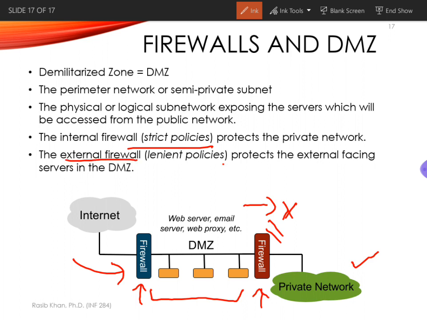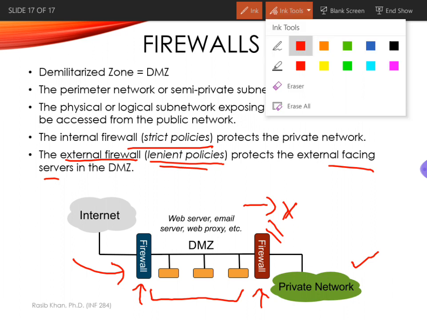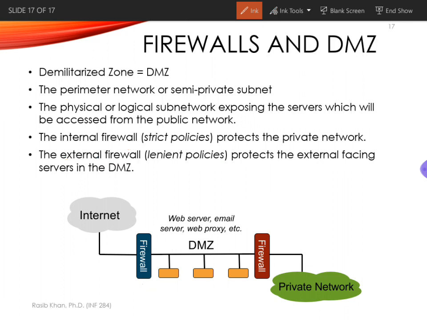And the external firewall has a bit more lenient policies compared to the internal firewall, and it protects the external facing servers. And the reason why we need a firewall here is to make sure that these servers are not exploited. However, they can still be accessed. The private network, we absolutely do not want it to be accessed. So therefore, the internal firewall is very strong.